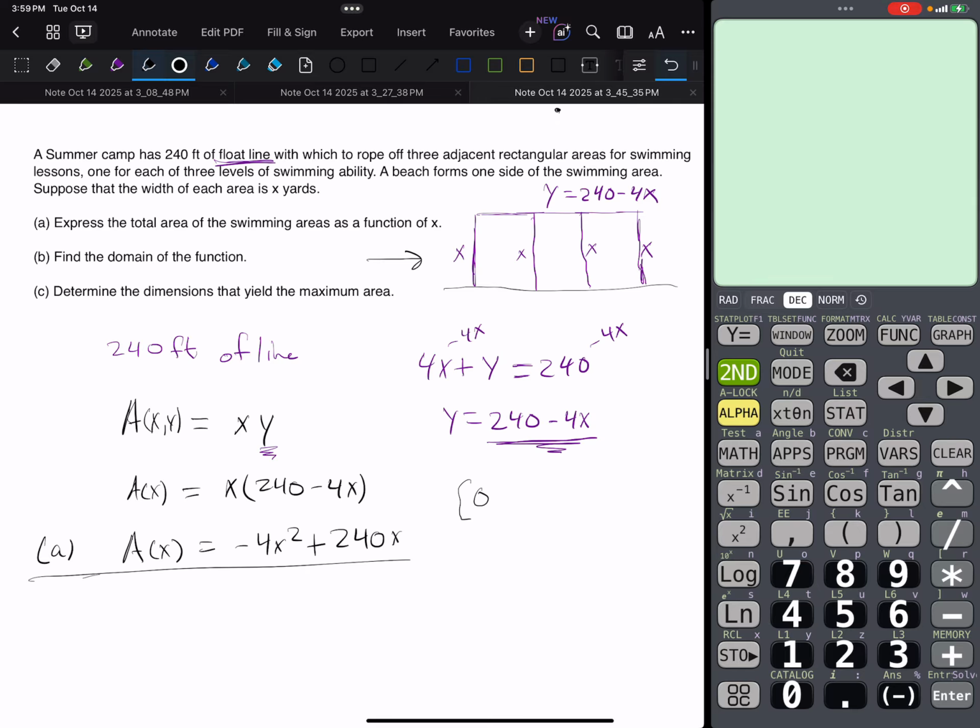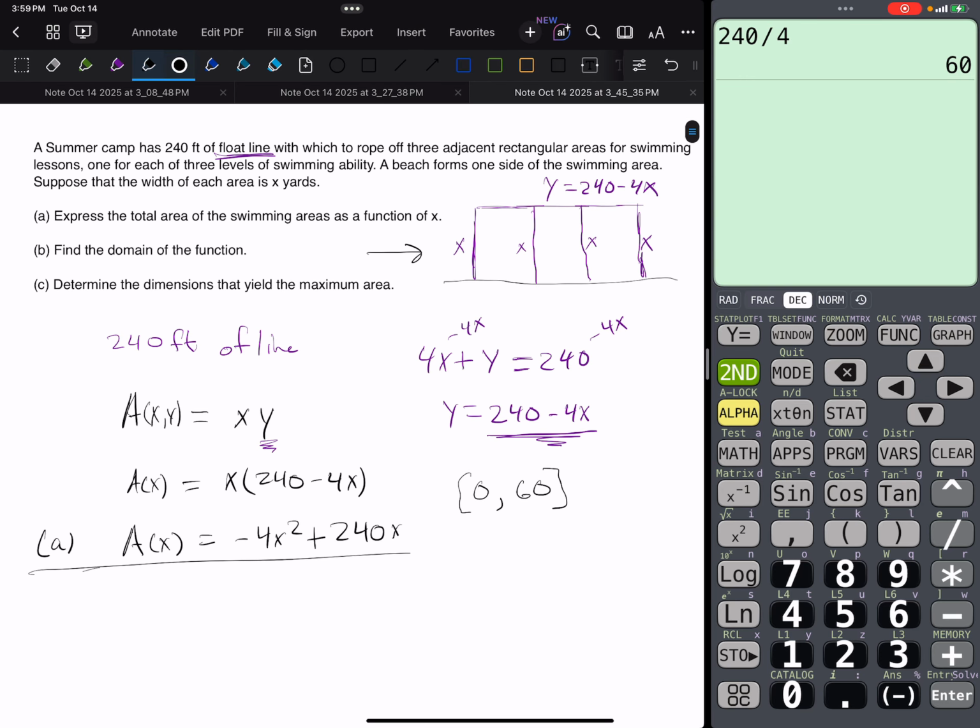And so what do we got? 240 over 4 is going to give me 60. And so the largest value x would be 60. And so that's my part B. That's my domain of A of x, right? Okay.